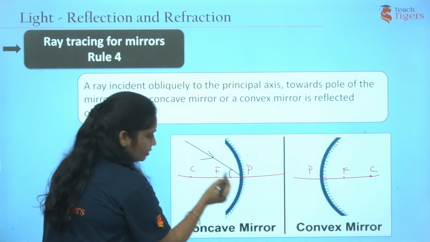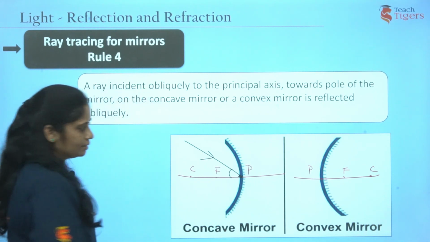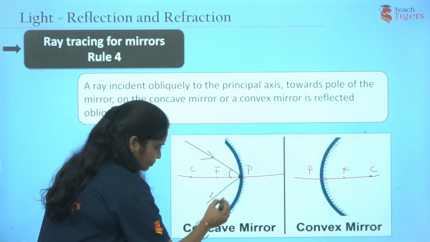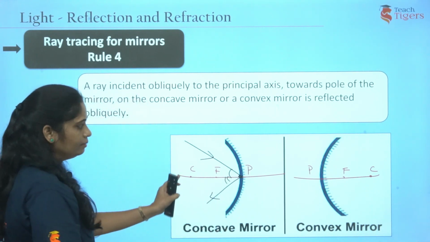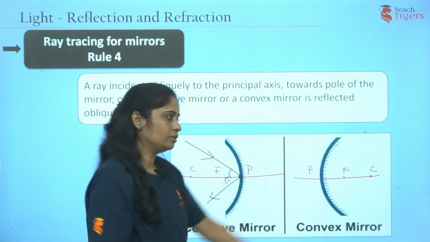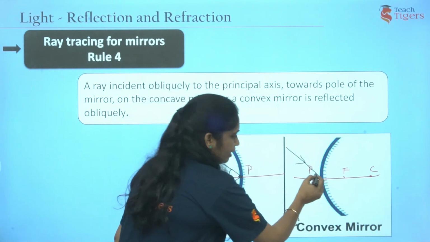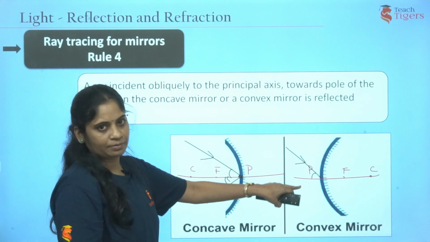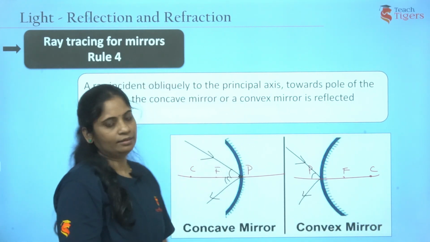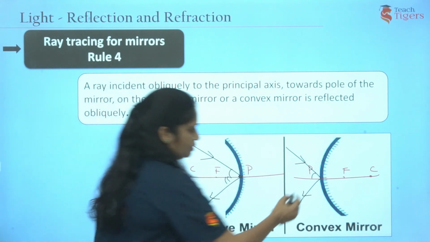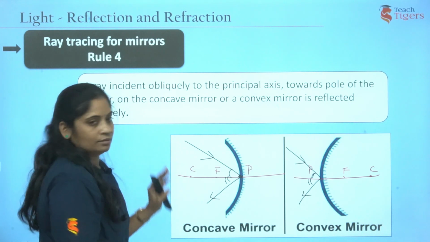So if a ray is incident at the pole making an angle with the principal axis, it reflects back making the same angle with the principal axis. The same rule applies for the convex mirror also. You can see here, so this is the fourth rule. Very easy.